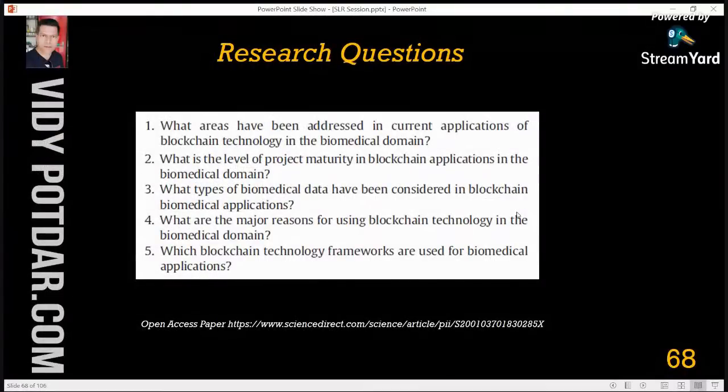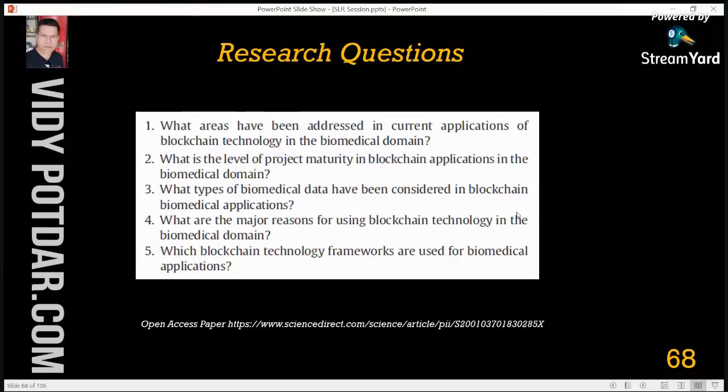What are their research questions? If you look at that, what areas have been addressed in the current applications of blockchain? What is the level of project maturity? What types of biomedical data are considered for biomedical applications using blockchain?